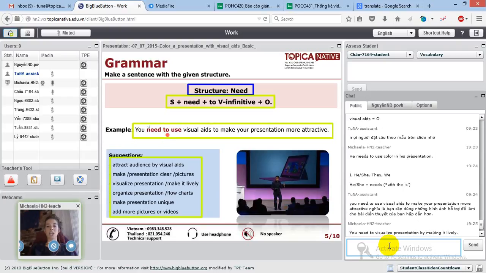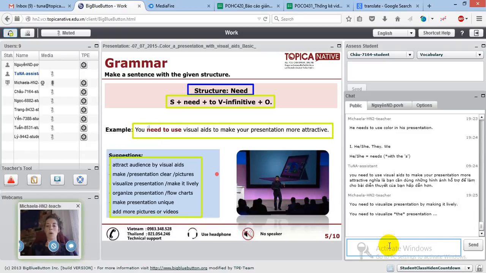Excellent. Good job changing the verb to making with the ing, make to making. But let's add the. Okay, so you need to visualize the presentation.